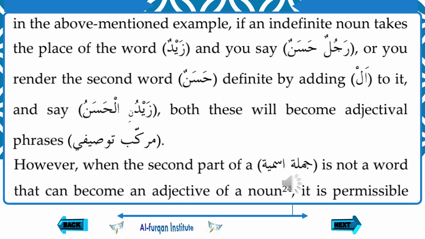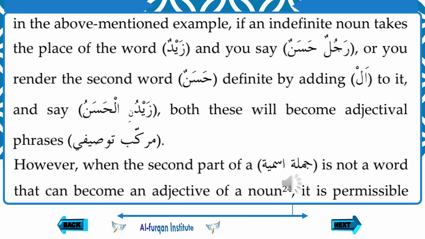But in the jumla ismiya, the nominal sentence, the first part, which is the subject mubtada, is usually definite, and the second part, the predicate khabar, is usually indefinite. In the example of Zaidun hasanun, Zaid is handsome, Zaid here is definite and hasanun is indefinite. So that is a nominal sentence.